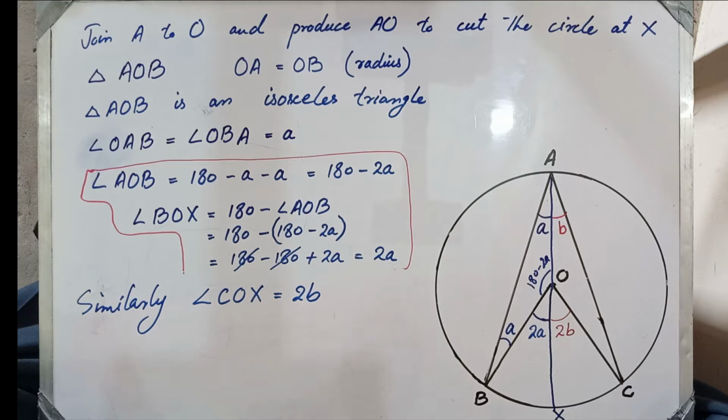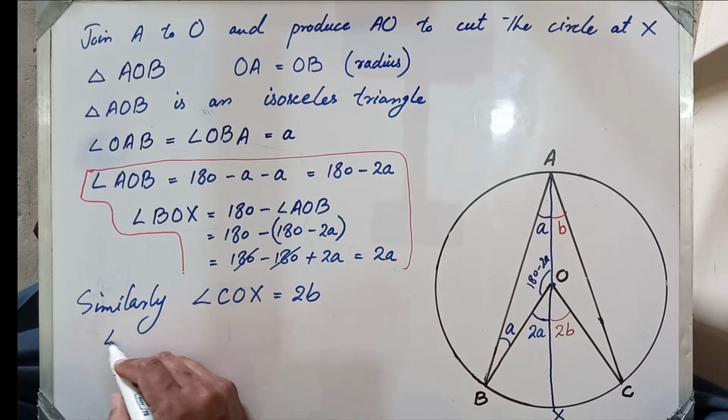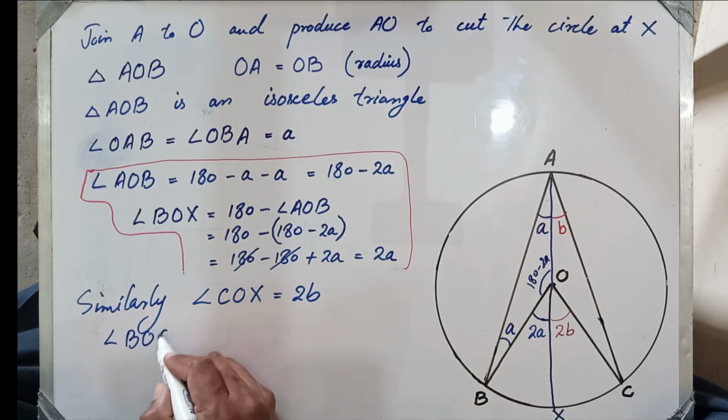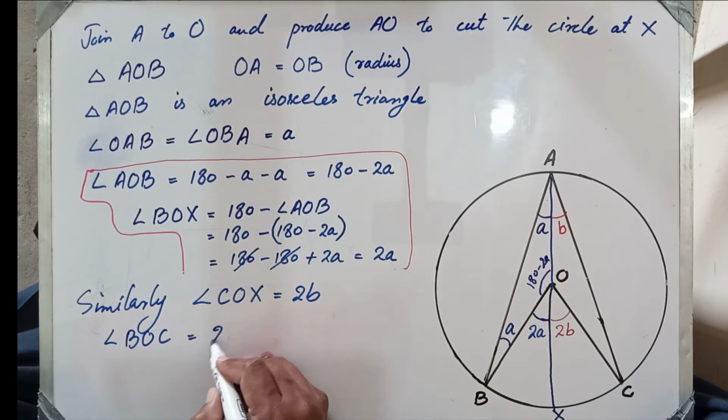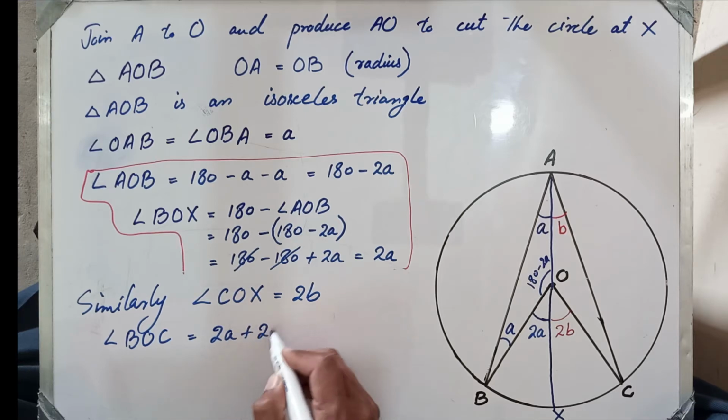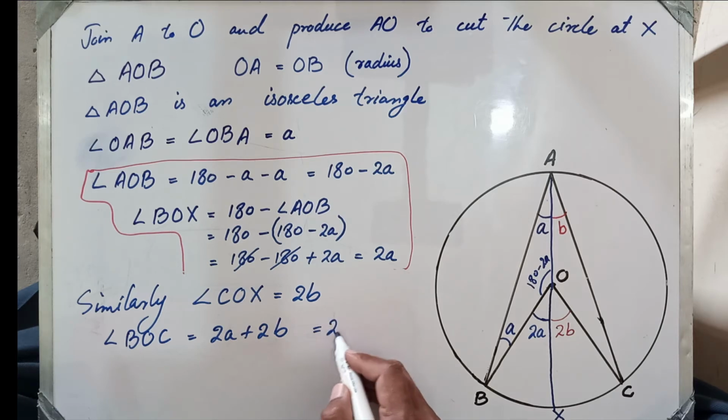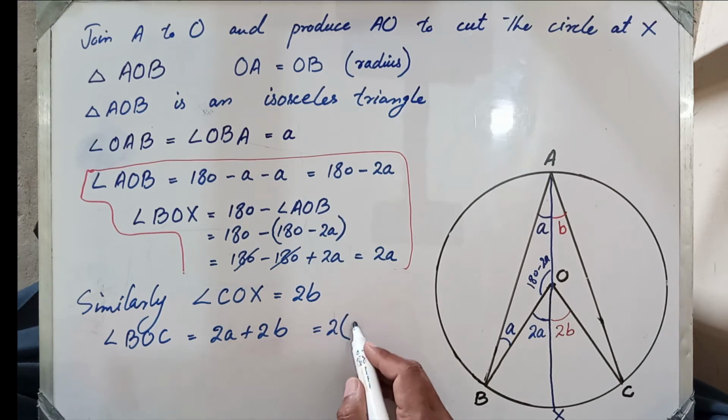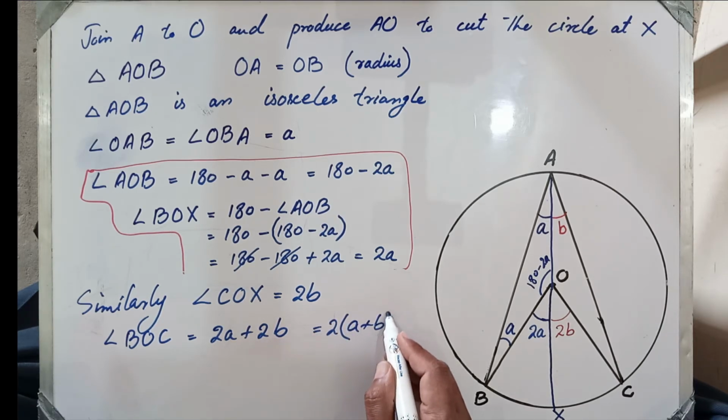Now here we can write angle BOC will be the sum of 2a plus 2b. After taking common 2 from both terms, here will be a plus b.